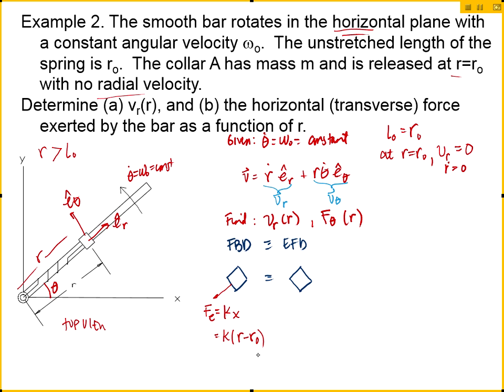R minus R naught is... Yeah, so you have to be careful. If you say that delta R is equal to R dot times delta T, right? And this R minus R naught is with respect to position, but it's also changing with respect to time.